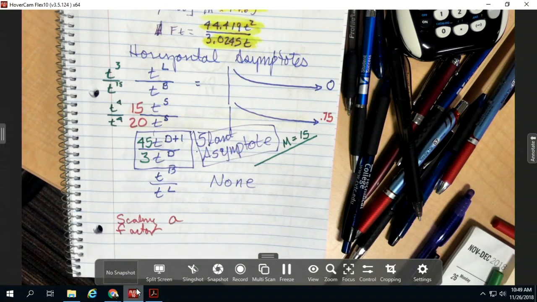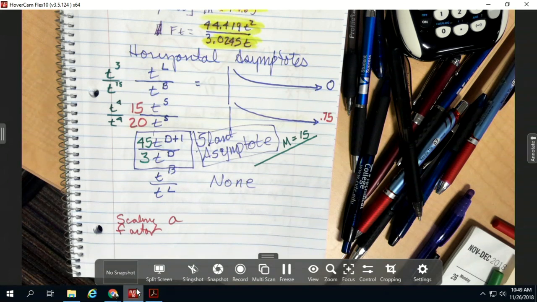If the powers are the same, I pay attention to the coefficients. 15 on the top, 20 on the bottom. What's 15 divided by 20? 0.75, right?